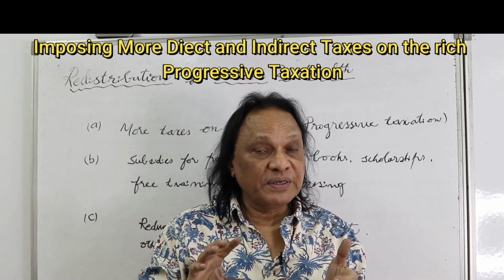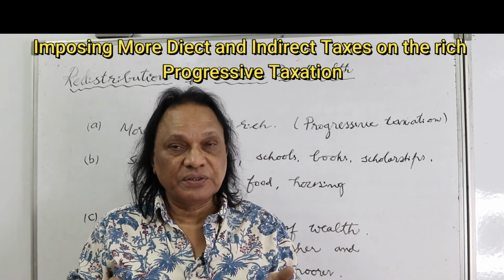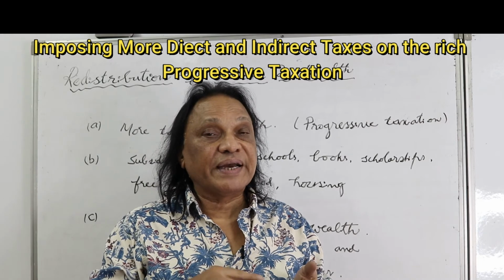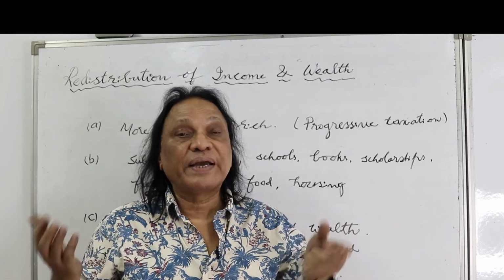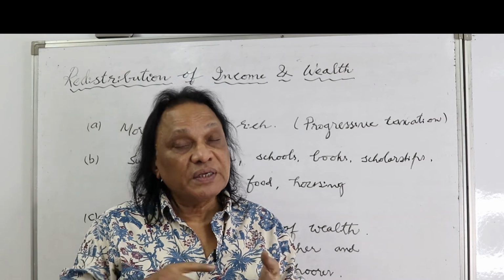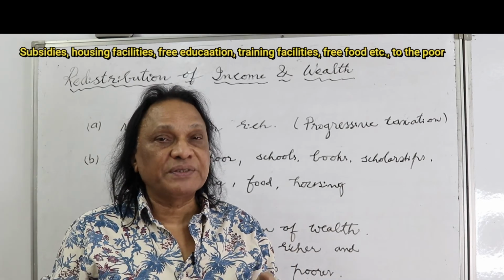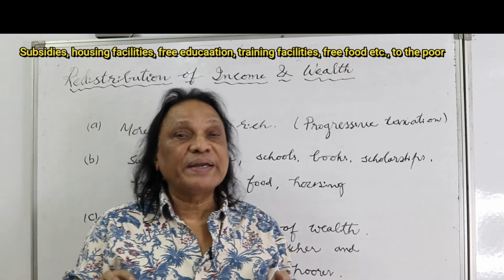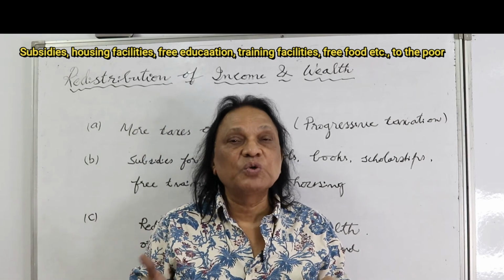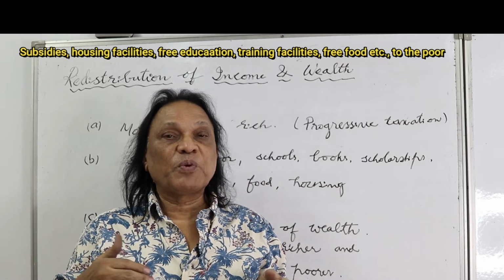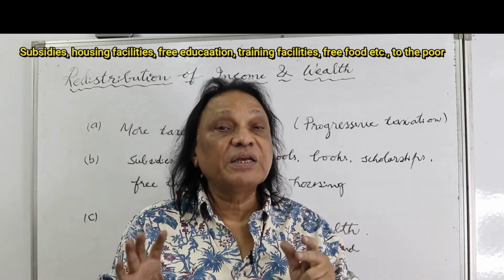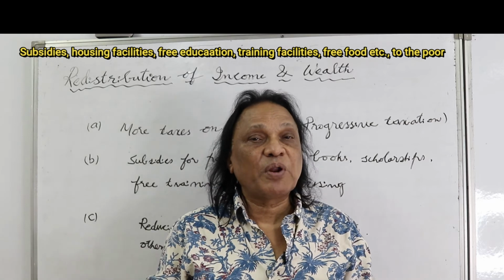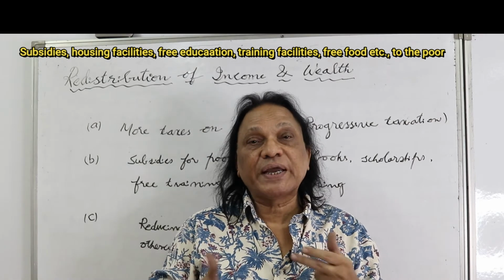So you may be wondering, what do they do with these taxes? After collecting these taxes, the government should properly utilize them. The government spends them in providing free education to the poor, schools, colleges, free books to the poor people, and training facilities so that they get employment and their economic condition can be improved.